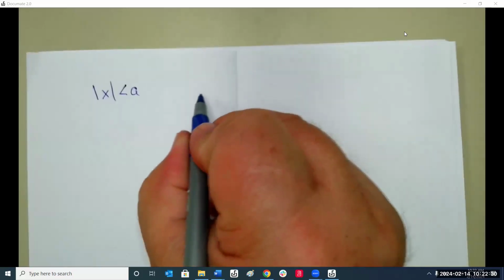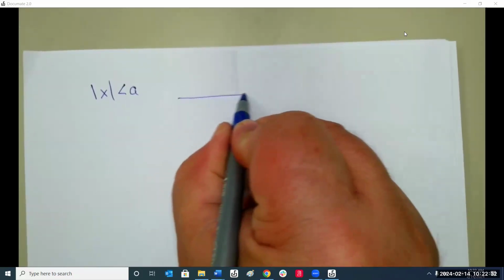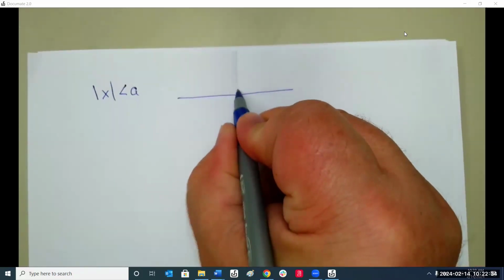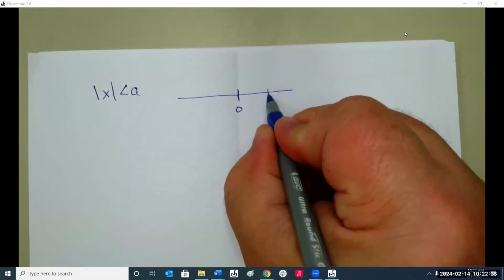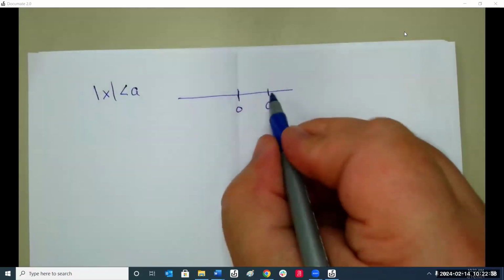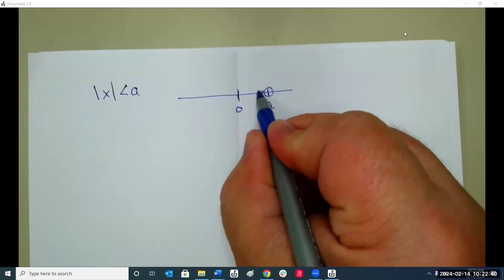What that says, the graph, here's 0, here's a. X is less than a.